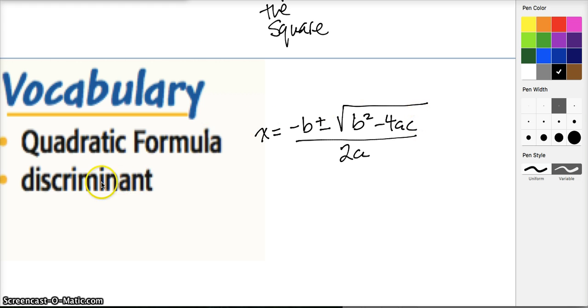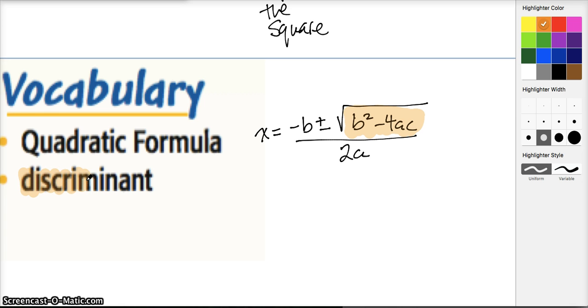The next word is discriminant, and this has a really interesting application. The discriminant of a quadratic equation is a part of the quadratic formula. If I highlight just this area here, let me use orange, b squared minus 4ac, this is considered the discriminant.